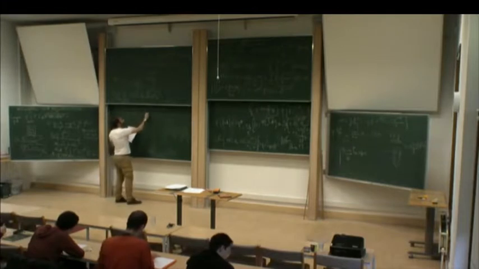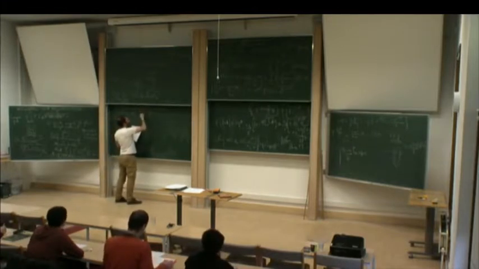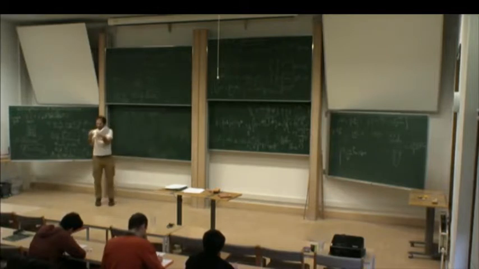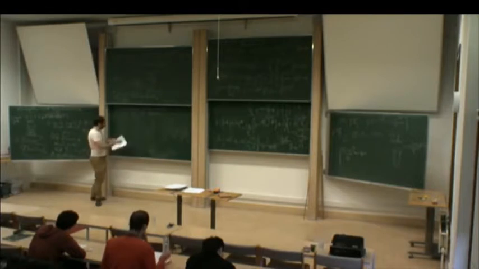So x1 minus x2, for example, we can have this condition that they cannot come too close, which means x1 and x2 cannot be more than a.